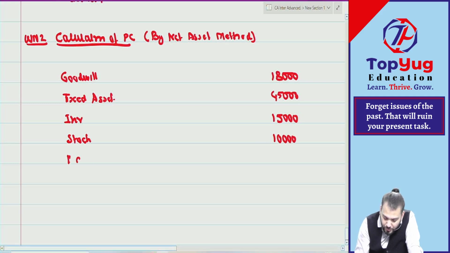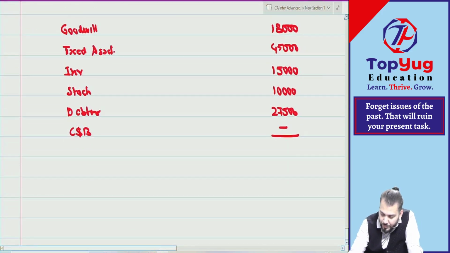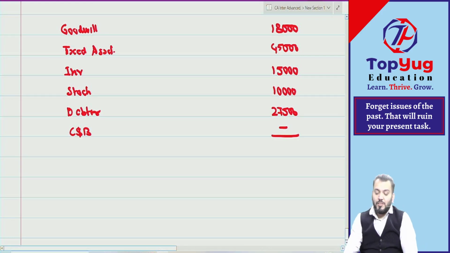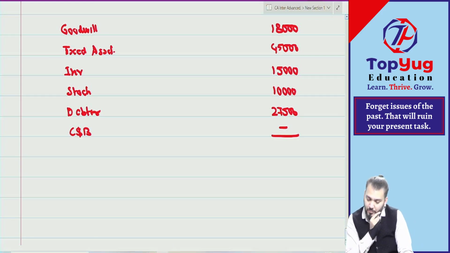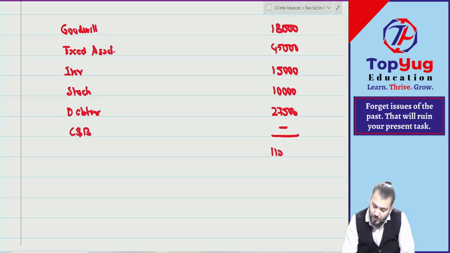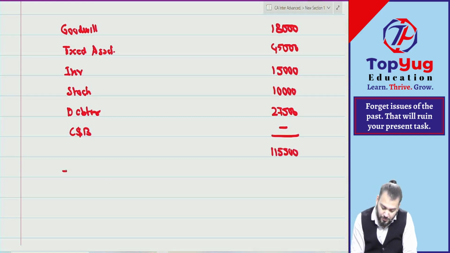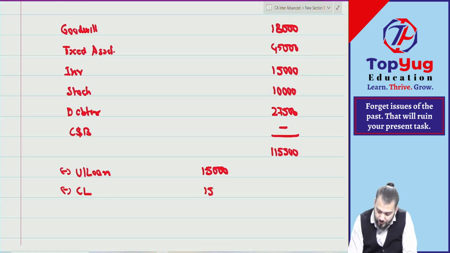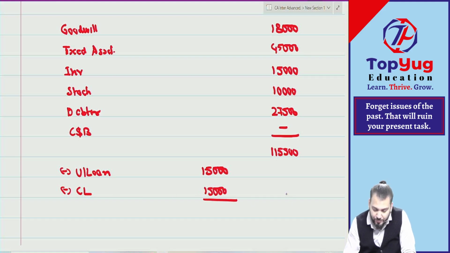Debtors how much? 27,500. Cash and bank how much? Not taken. Total how much? 1 lakh. Minus all liabilities. Unsecured loan how much? Current liability how much? Total liability how much?